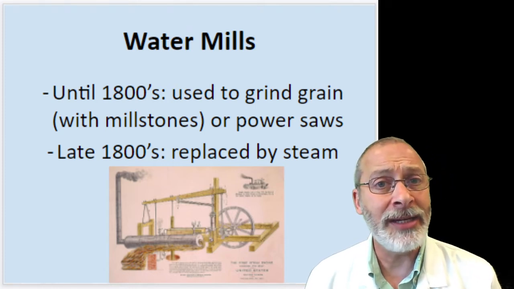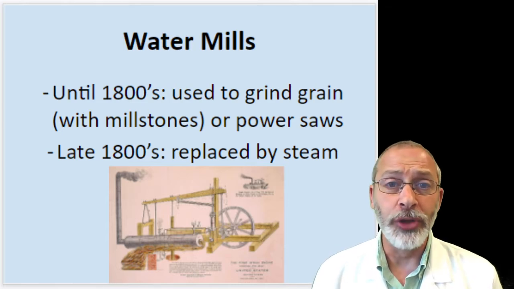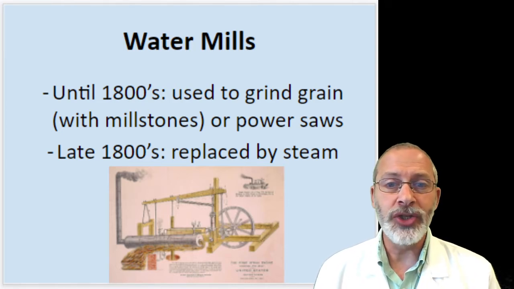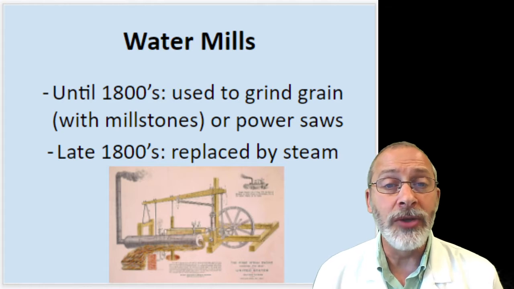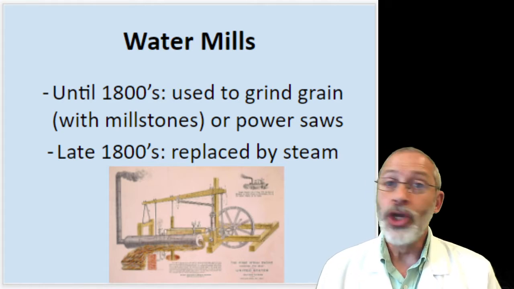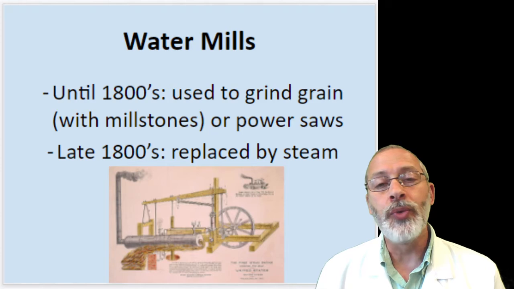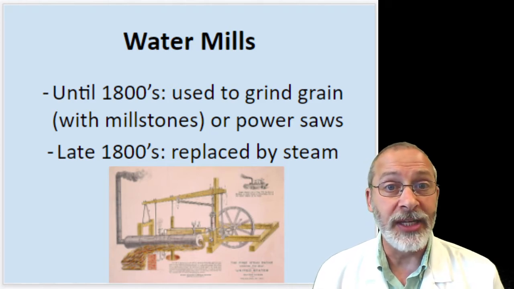So in the late 1800s, during the Industrial Revolution, this steam engine started to replace the water mills all over the place, and new mills were developed utilizing steam exclusively.